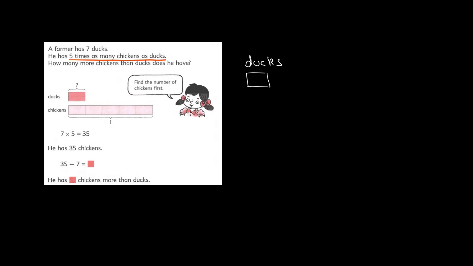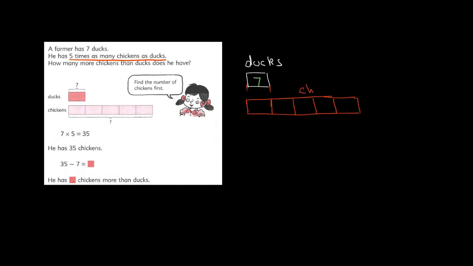So now let's make the chickens. So here, let's start making chickens. So this is the number of chickens, probably a bit more. So let me just see how many chickens we need. Let's say this is 1, then 2, then 3, then here's 4, and this is 5. Okay, and now please note that this is 7 ducks, and now we have 5 times as many chickens.